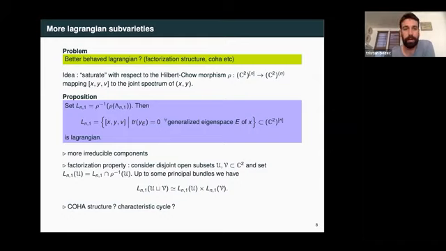So the idea here is what I call saturating our Lagrangian subvarieties in a way that I will explain shortly, with respect to the Hilbert-Chow morphism denoted by rho here, that maps a triple X, Y, V to the joint spectrum of X, Y, which makes sense since these matrices commute.